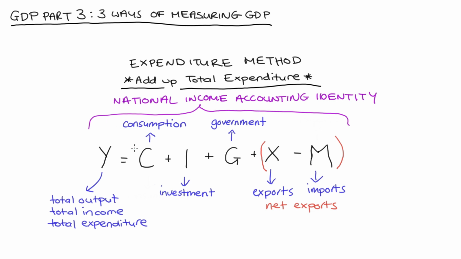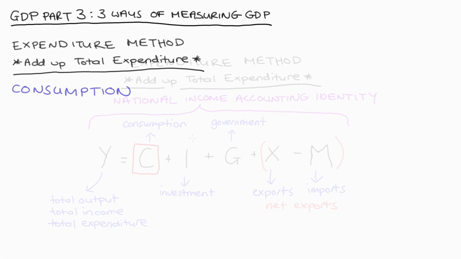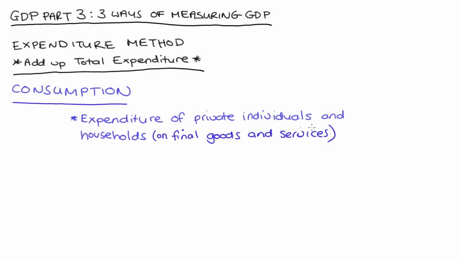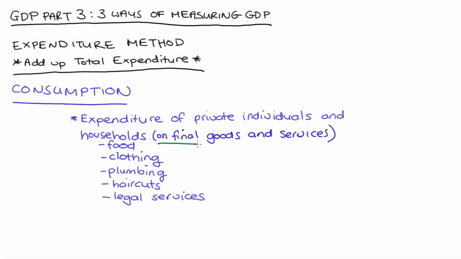So let's go through each part, and I can start with C, consumption. This category is concerned with the expenditure of private individuals and households on final goods and services. It includes things like food, clothing, plumbing, haircuts, and legal services, etc. Now, we are only concerned with the consumption of final goods and services.